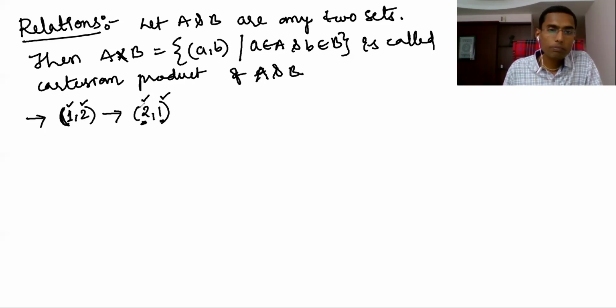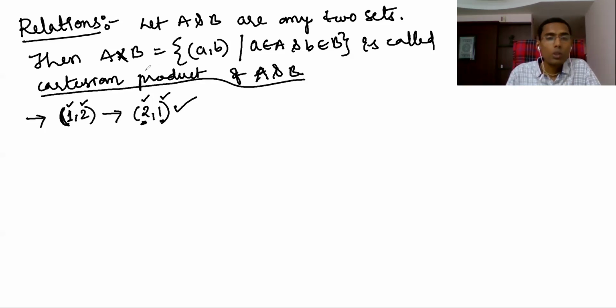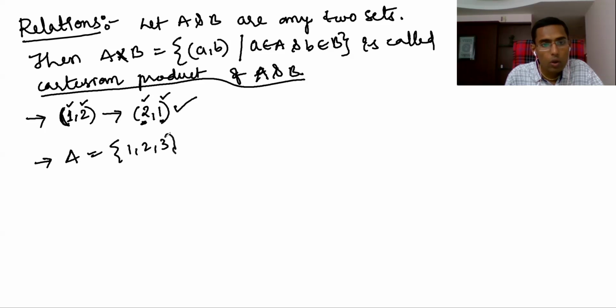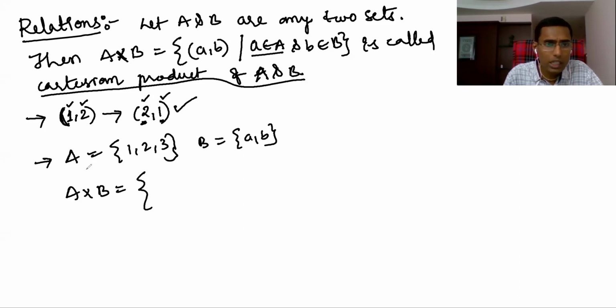So this is an ordered pair. Here what I wrote is A cross B, the Cartesian product of A and B. Let's say A equals {1, 2, 3} and B equals {a, b}. Now A cross B is the set of all possible ordered pairs, taking the first element from the first set and the second from the second set.